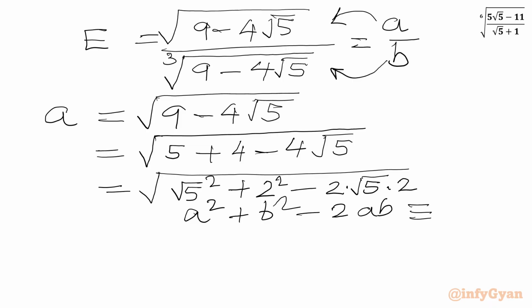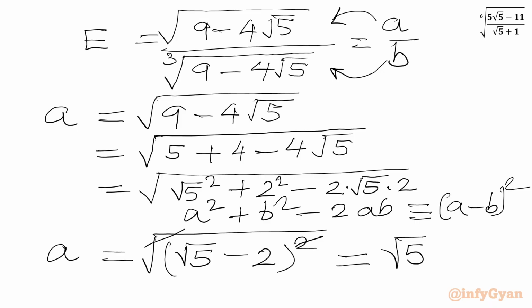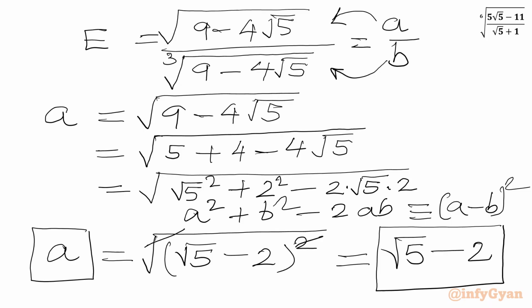So we can write here, this is (a minus b) whole square. So our A will become the square root of (root 5 minus 2) whole square. Now we can cancel a square root with a square. So our A will come out as square root 5 minus 2. This is the value of A.